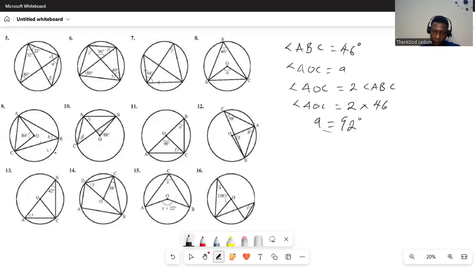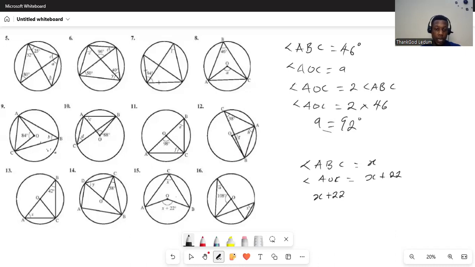In this case, we are having our angle ABC equal to x, and our angle AOC is equal to x plus 22. Remember, we said that the angle at the center of a circle is twice the angle at the circumference. So because of that, we can now say that the angle at the center here is x plus 22.